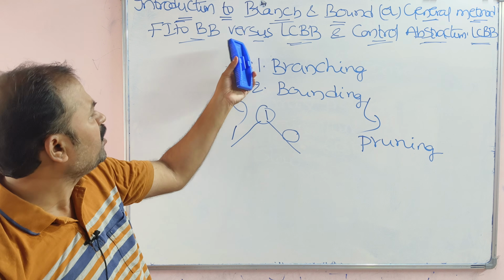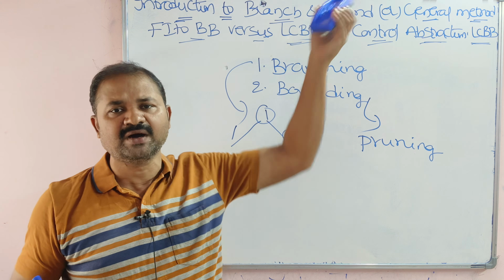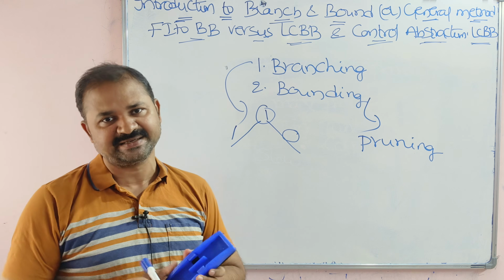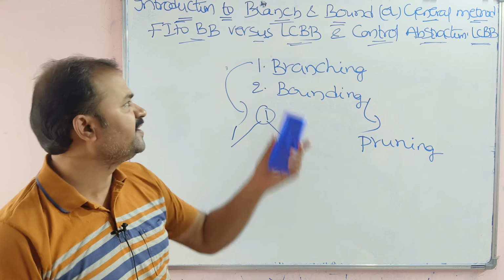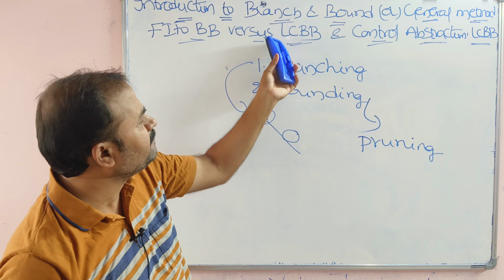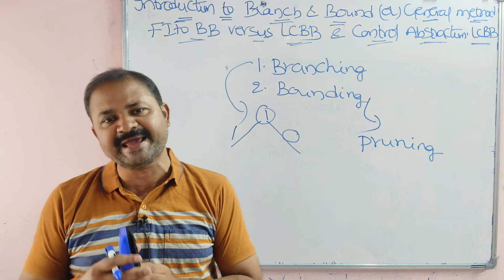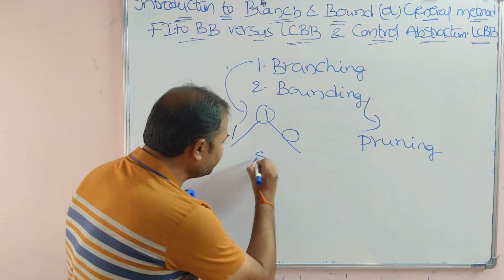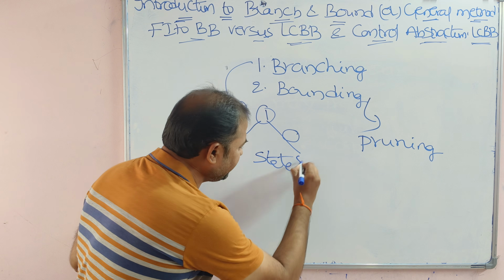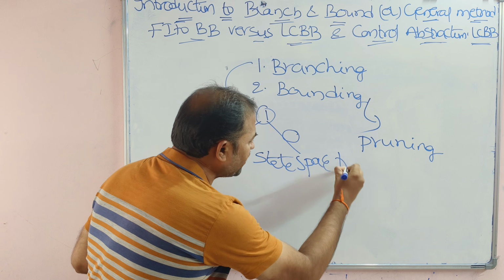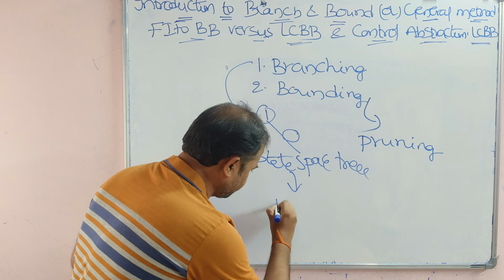Before branch and bound, we have the backtracking strategy. The major difference between the backtracking paradigm and the branch and bound paradigm is that in backtracking, the state space tree will generate all the possible solutions.